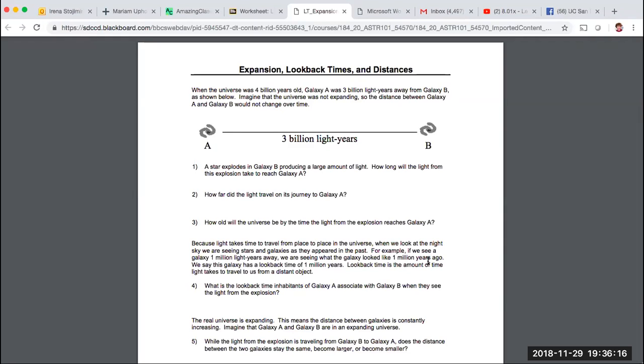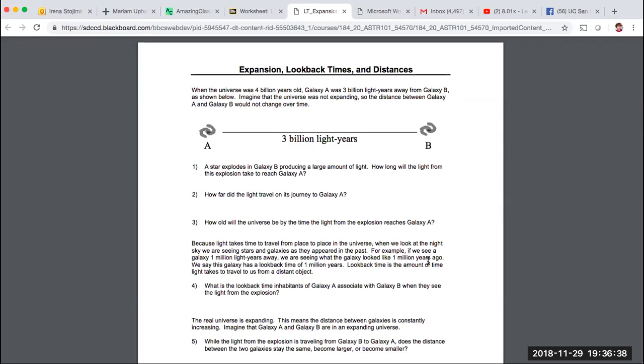Because light takes time to travel from place to place in the universe, when we look at the night sky, we are seeing stars and galaxies as they appeared in the past. For example, if we see a galaxy 1 million light years away, we are seeing what the galaxy looked like 1 million years ago. We say this galaxy has a look back time of 1 million years.